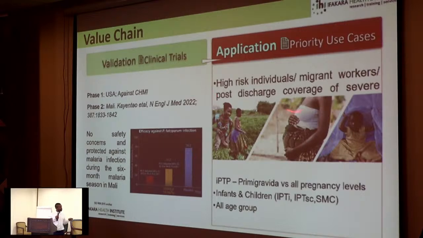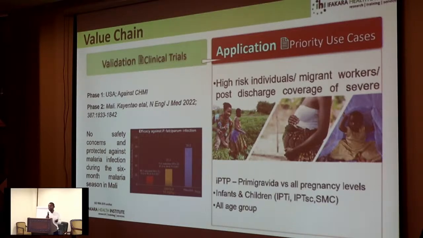Next stage we are going to take it forward in order to bring it for several indications, including use in pre-malaria, during pregnancy, in infants and children, all age groups, and for people who, due to some immune compromise, cannot produce antibodies even when they're given a vaccine.